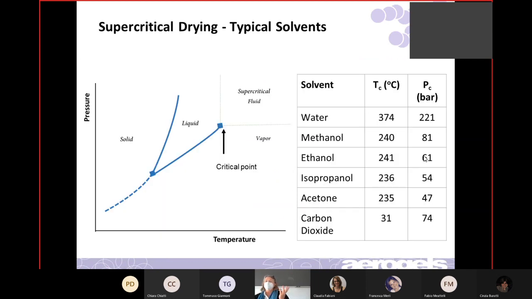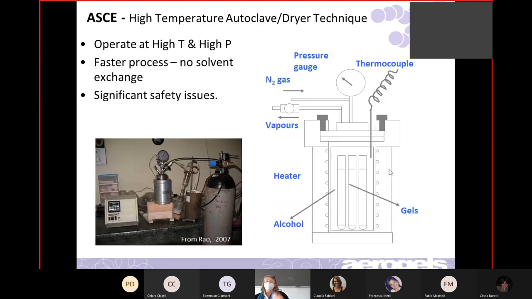So your pressure vessel has to be able to withstand all of that. And then you have some kind of valve to, when you get to that pressure, you open the valve and you let the supercritical fluid escape. Then you cool it all down and you have an aerogel.